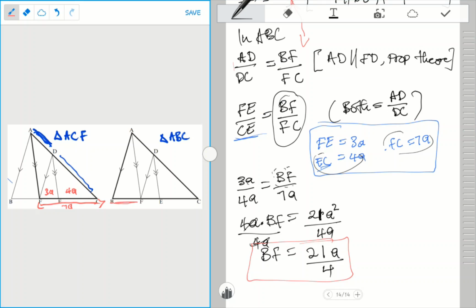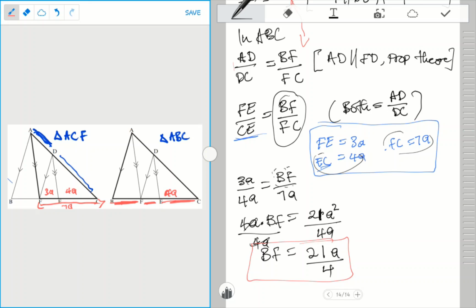We have BF now, and this one is 3 and this one is 4. Yes, we can take this one, because now we clearly know that EC is 4A.